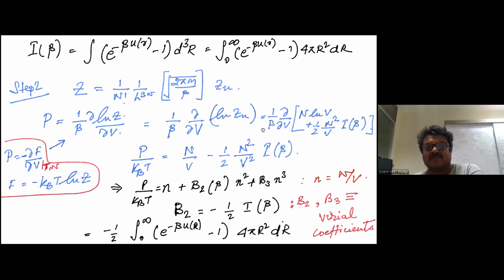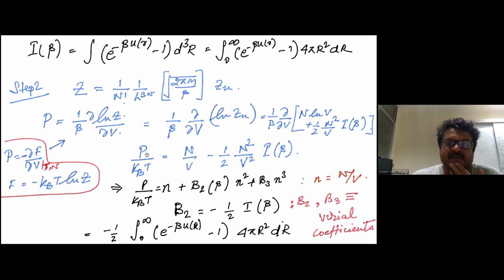The consequence of which is we have 1 by β ∂/∂V of N ln V plus (1/2) N squared by V times I(β). So I'm just writing down the expression of ln Z_U, and there's a bracket which is to be closed here.